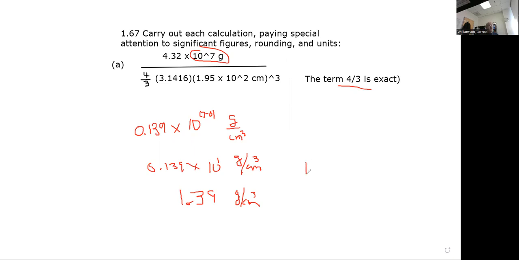Because if you did, you have 1.39 times 10 to the 0 grams per cubic centimeter. And that's just so redundant that we wouldn't bother writing it that way. You could, but it'd be weird. So this will be our answer for that.